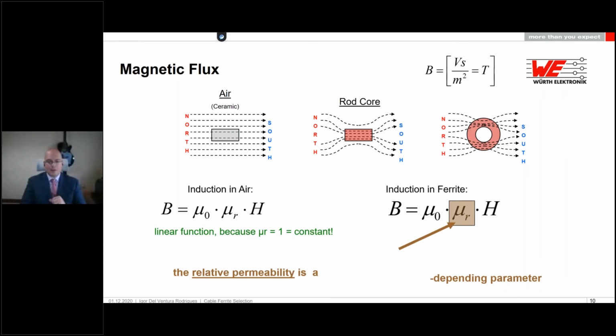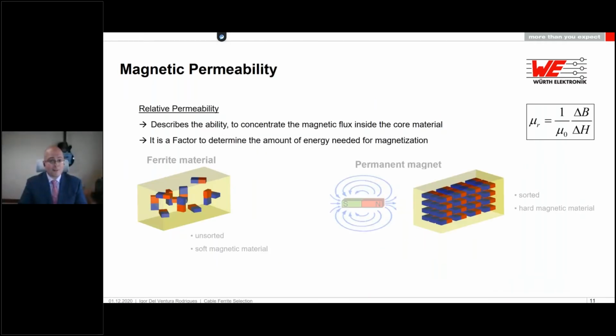And this value will be dependent on various things, such as the material, the frequency, the temperature, the current, and also the pressure. So this is the theoretical definition of a relative permeability. It describes the ability to concentrate the magnetic flux inside the core material. So this is one of the key parameters for your ferrite.